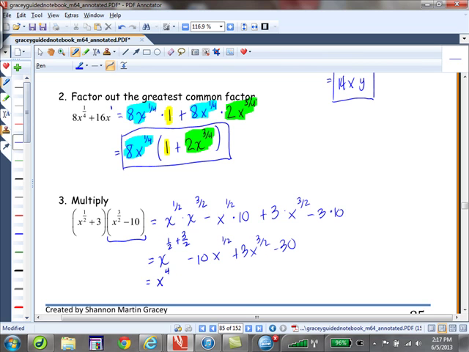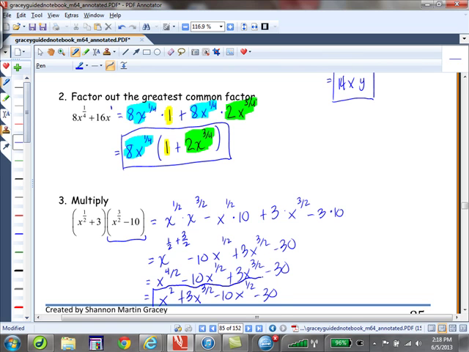So we get x to the 4 halves minus 10x to the 1 half plus 3x to the 3 halves minus 30. So this will give us a result of x squared. If we put it in descending order, we'll have plus 3x to the 3 halves minus 10x to the 1 half minus 30. We're all done.